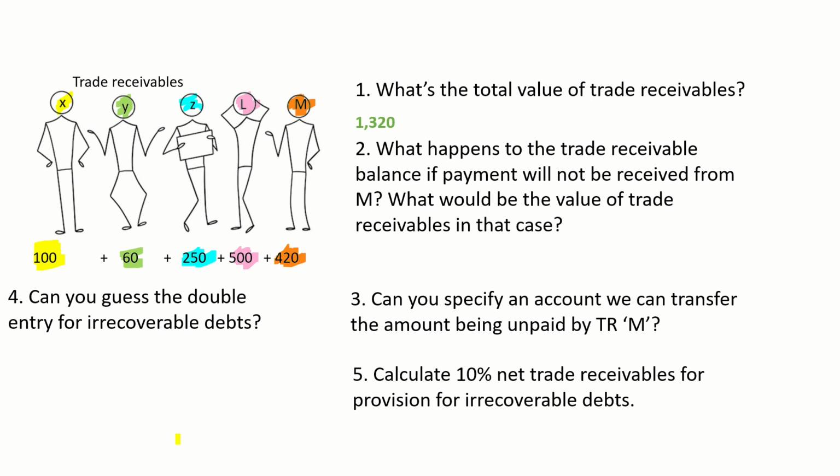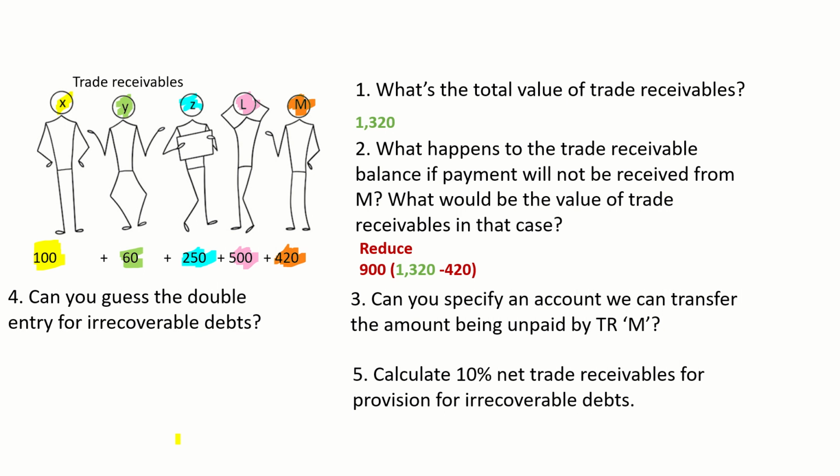M owes 420. If he becomes irrecoverable, you have the total value of trade receivables 1320, take away the amount which M owes, which is 420. Therefore, the net trade receivable balance is 900.